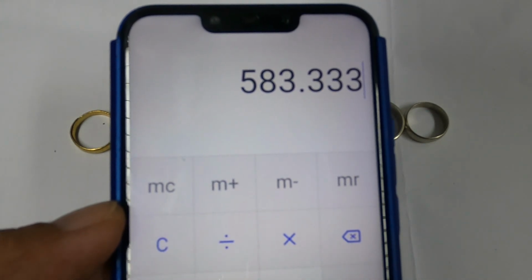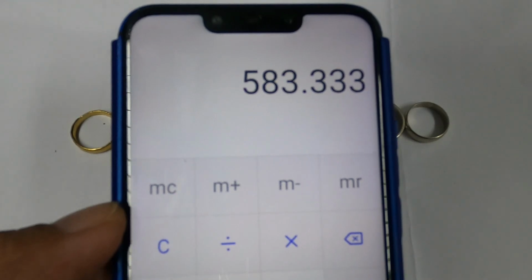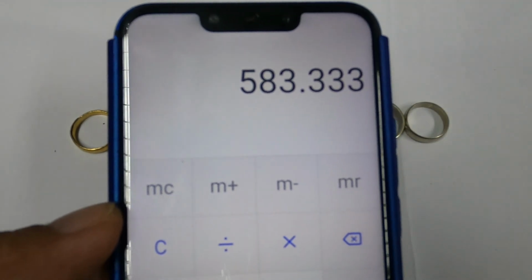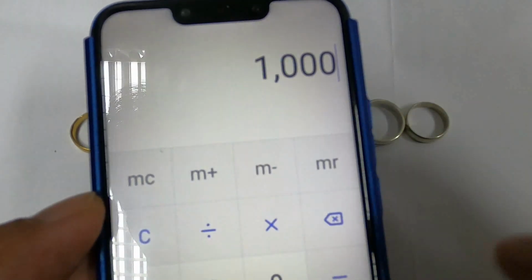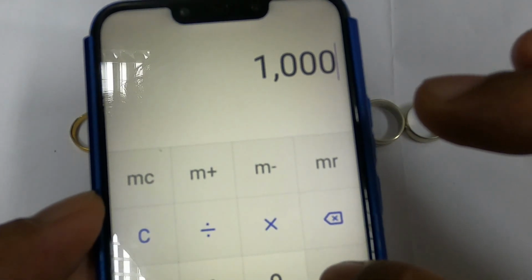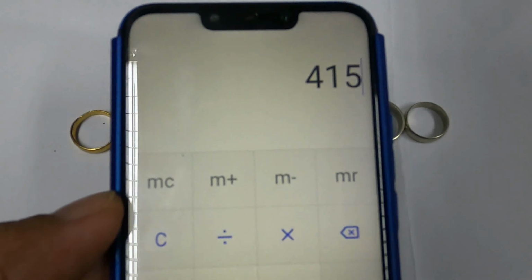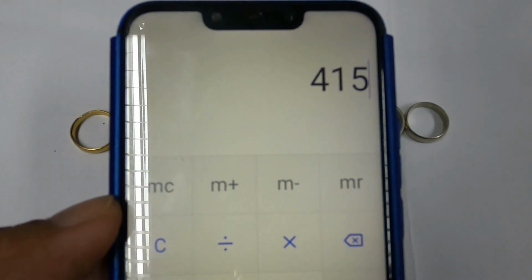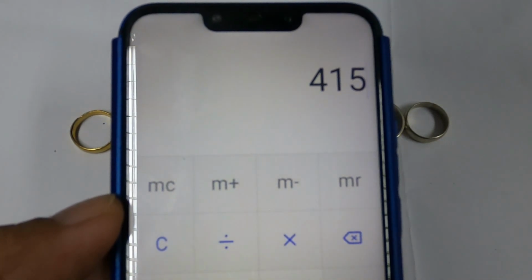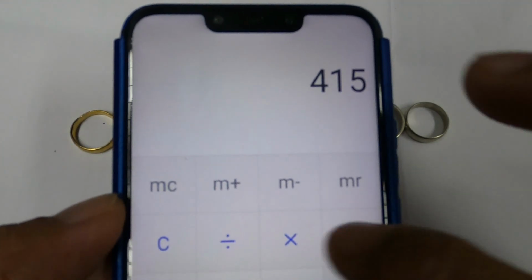So your 14 karat gold is actually more than 14 karat. Okay, 1000 minus 585, and in your 14 karat gold you have 58.5% of pure gold and 41.5% of other metals.